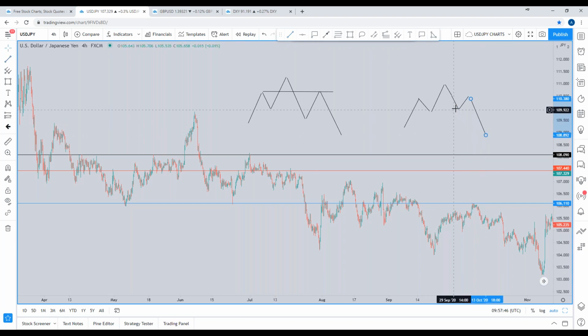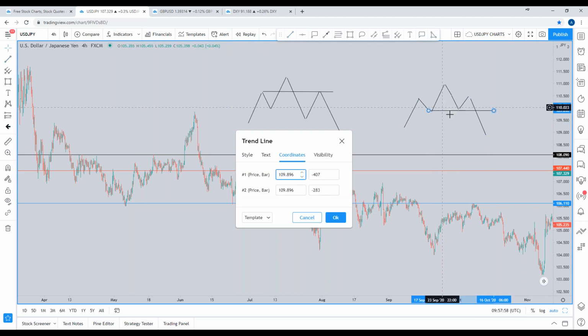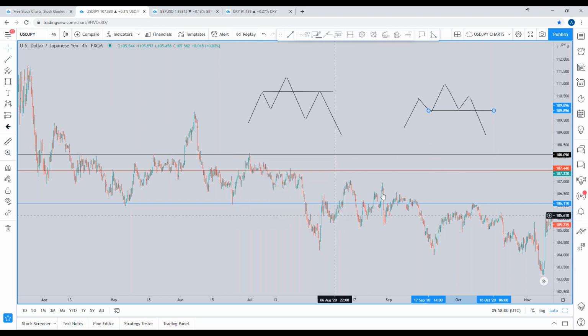So the difference is where we enter. We enter on the break of the neckline, don't we? For our head and shoulders, we need a clear neckline. So here we can see that we didn't actually break the low here.